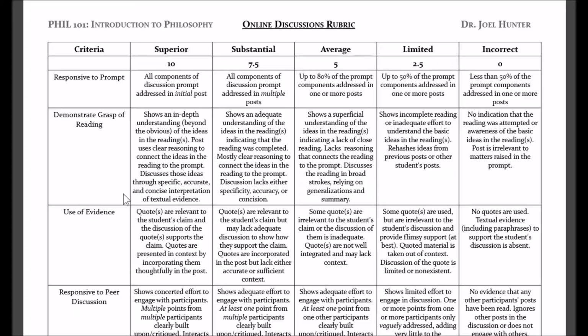They really do understand it, but they're simply too verbose in giving their interpretation of it. So think about getting to the point as quickly as possible. That demonstrates a really good grasp of the reading. It's not how much you say, it's saying it well. That's what really counts. Okay?